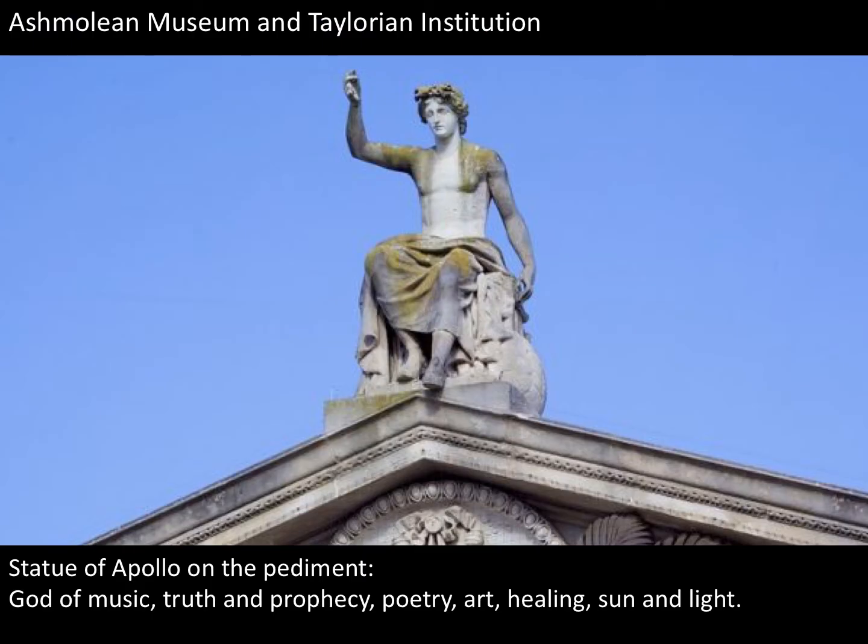And all of the decoration of this building is in honor of art and archaeology. Sitting on top of that pediment is a statue of Apollo. And of course, Apollo is the god of music and poetry and art. So that makes sense on a building that was intentionally built as an art museum.